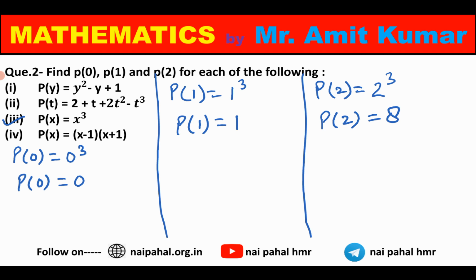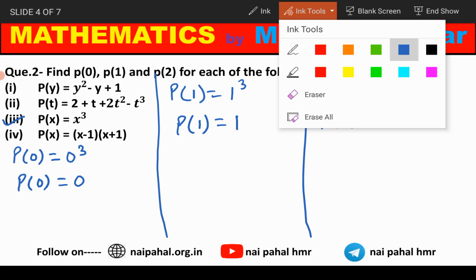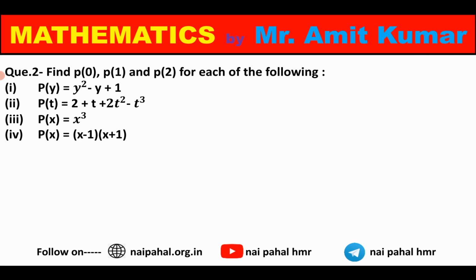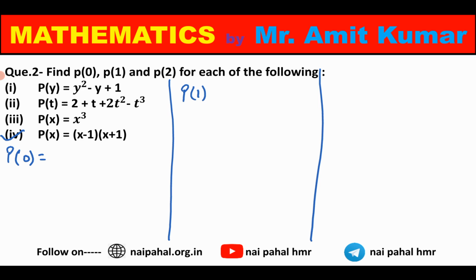Let's move on to the fourth part. The fourth part of this question is, you have to take P0 here, P1 here and P2 here. For your part P0, put the value of x as 0.